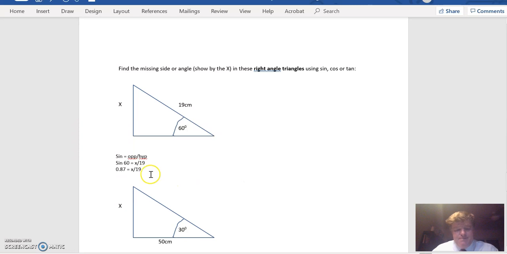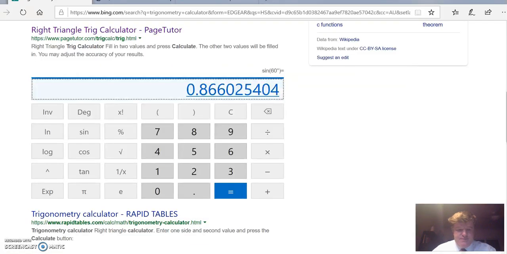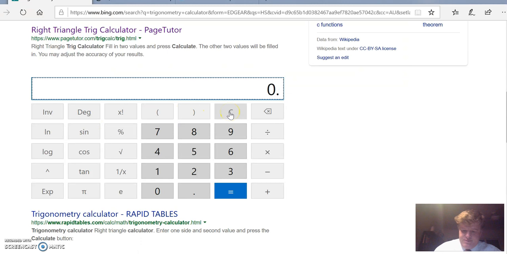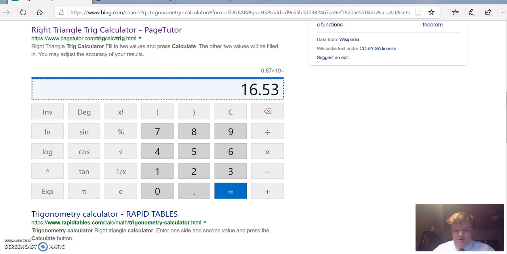Now we're interested in what x equals. The opposite of dividing by 19 is to multiply by 19, so we're going to multiply both sides. That will get rid of the 19 under the x. So 0.87 multiplied by 19 equals 16.53.